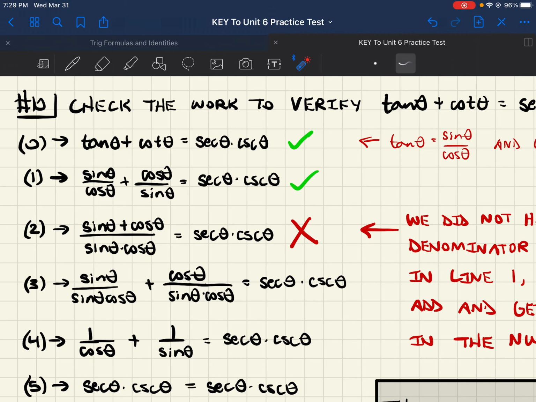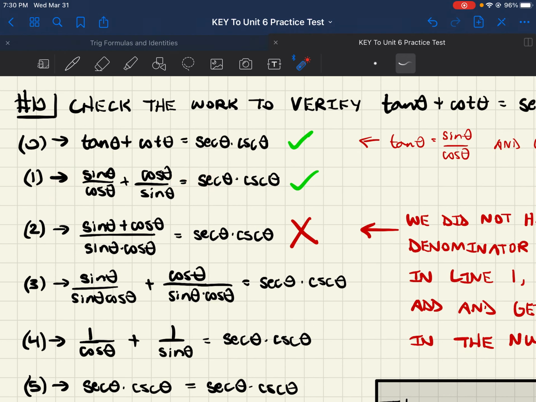Step 2 is where they lose it though. Notice that in step 2, they combined these fractions, they added them. But you can't do that because these fractions don't have common denominators. One is a cosine, one's a sine. So if you were going to add these together, then you would have had to multiply this by sine theta over sine theta, and this by cosine theta over cosine theta.